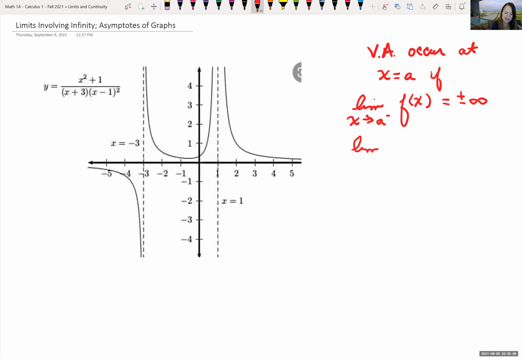Same thing with the limit as x approaches that value of a from the right-hand side.